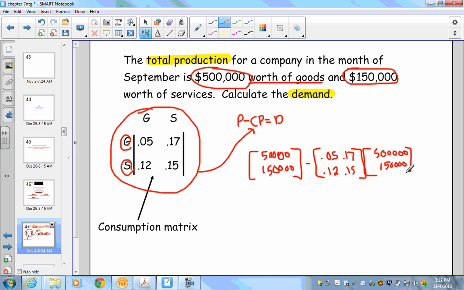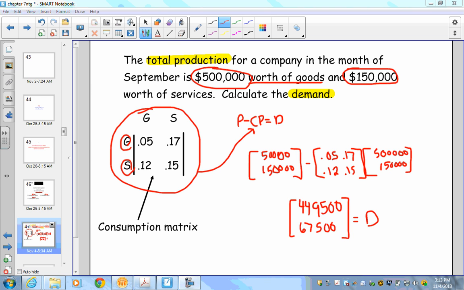So I'm just going to enter that into my calculator and hit enter. I'll give you a second to pause the video to do that. Pause it right now. And my answer is that right there. That tells me my demand. Remember, demand tells me what amount of money is going to the consumer.